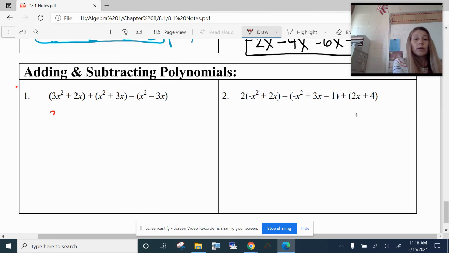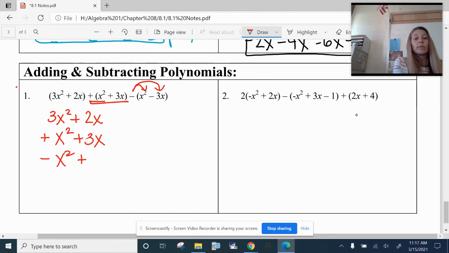So the first one here, again, I have 3x squared plus 2x. That is already in standard form. Then I'm adding x squared. So in my next layer here, I'm adding that x squared, and then I'm adding the 3x. So they went nicely underneath. Now here I'm subtracting an x squared, and then I'm subtracting a negative 3x, which really means I'm adding.